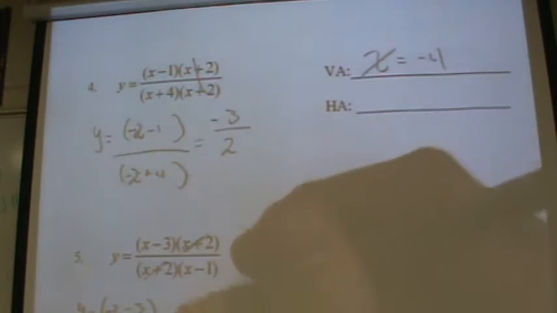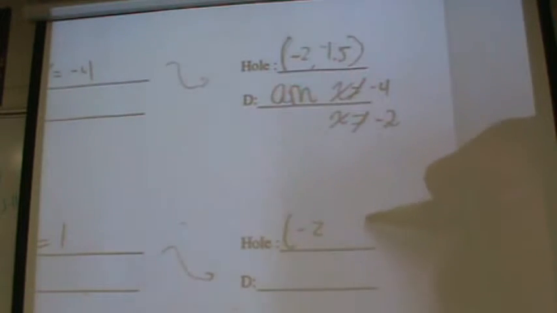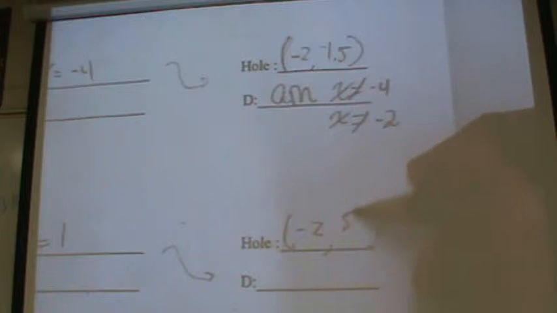Which is, yeah, because the two negatives will cancel out. Alright, so this is the value that you're gonna plug in over here in the hole, so -2 and then 5/3.